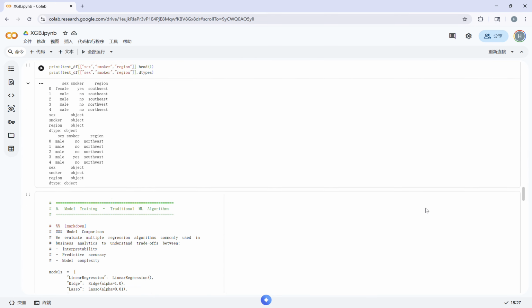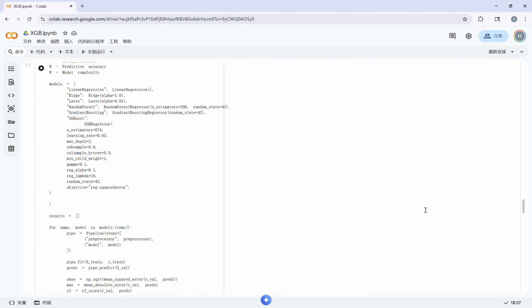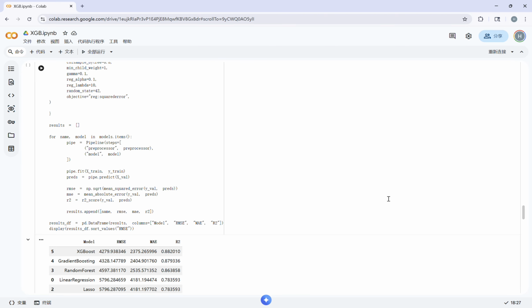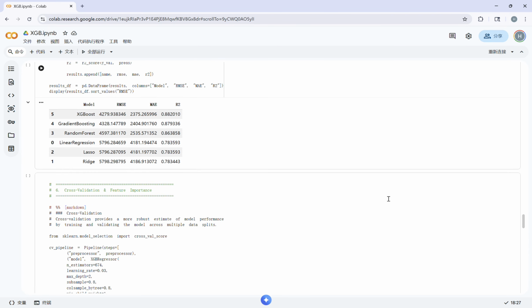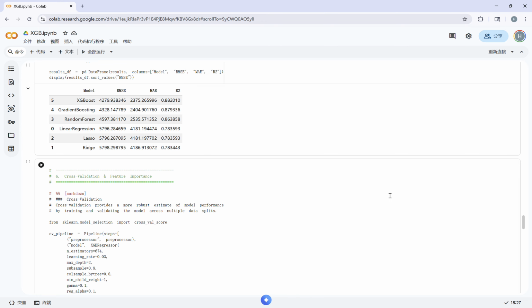To improve the model performance, we focused on controlled increases in model complexity rather than aggressive tuning. First, we used cross-validation to evaluate performance instead of relying on a single train-test split.